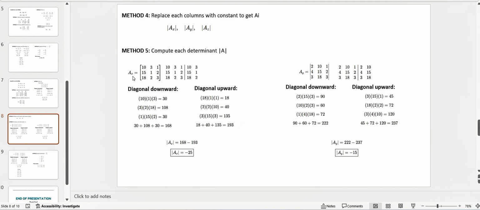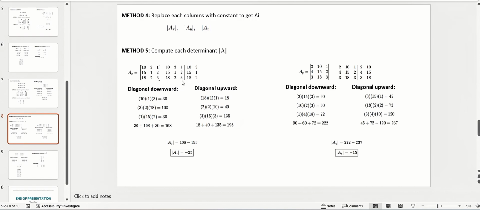So since ang atong kuhaon man is A sub x, then ang first column ang atong i-replace into the constant nga value. So again atong mag-apply ta og Sarrus' rule, which is atong i-copy ang first two columns into the right side para magamit na to ang diagonal upward and diagonal downward.